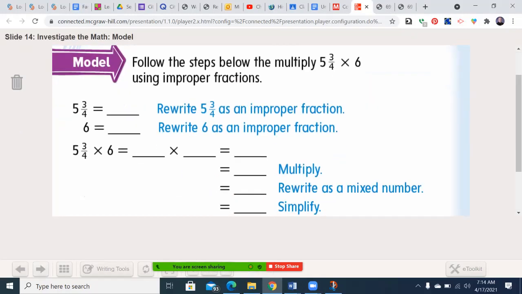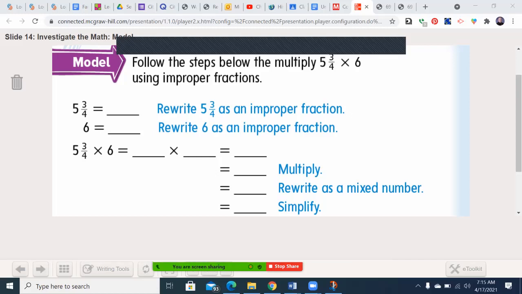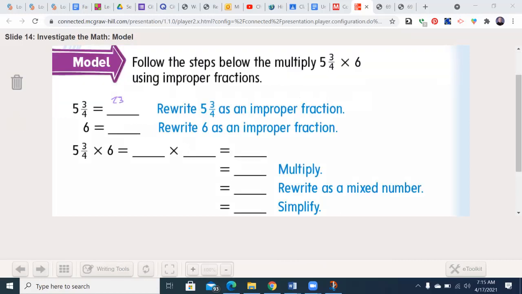Follow the steps below to multiply 5 3/4 times 6. So again, pay attention to the steps because that's the part that's going to matter most. Rewrite 5 3/4 as an improper fraction. So 4 times 5 is 20 plus 3 is 23. If you remember to multiply the denominator by the whole number and then add the numerator, this will get easy.